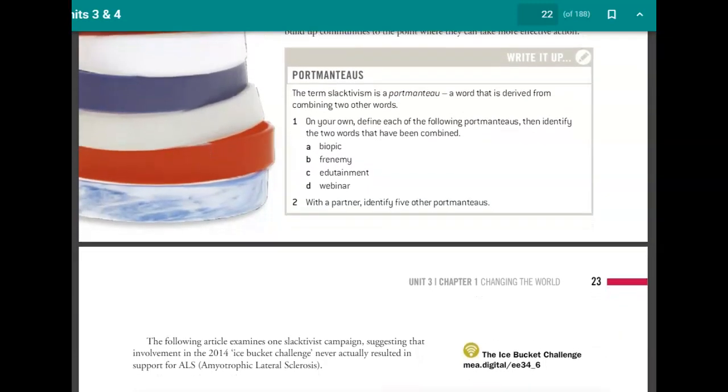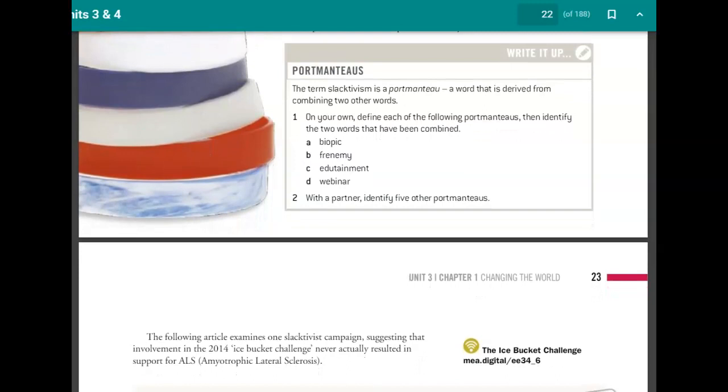Portmanteaus. The term Slacktivism is a portmanteau, a word that is derived from combining 2 other words. A portmanteau is also French for bag as well. On your own, define each of the following portmanteaus and then identify the 2 words that have been combined. So, biopic. We'll do that one together.